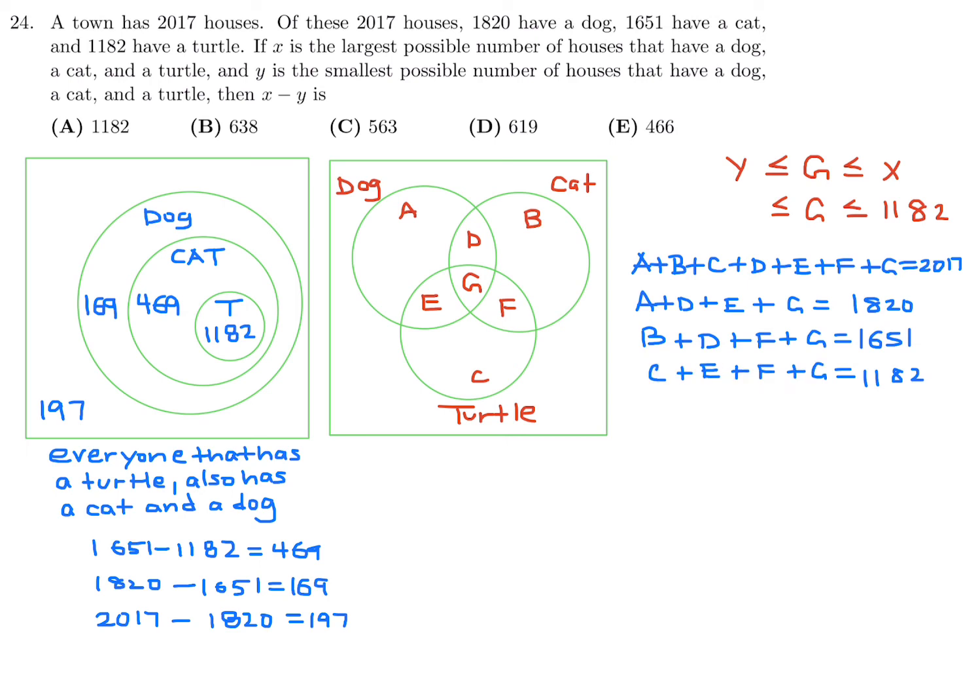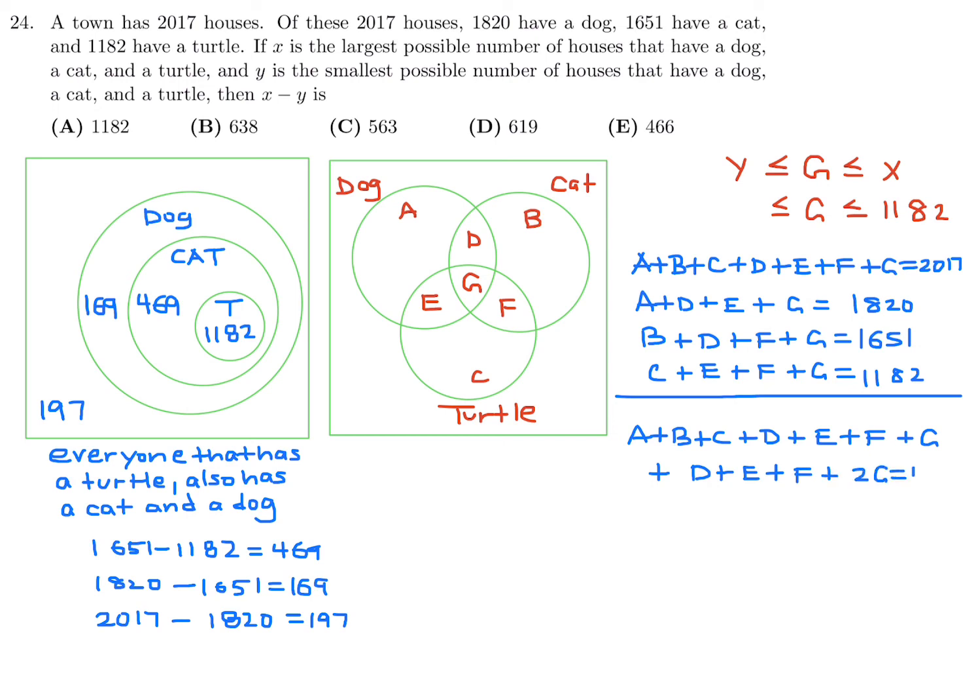All right, so where do we go from here? Well, a few things we could do, of course. We can add them all. And if you add them all, you get A plus B plus C plus D plus E plus F plus G, and then we get plus D plus E plus F plus 2G. And that total is 4653.